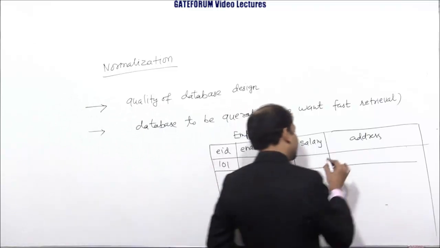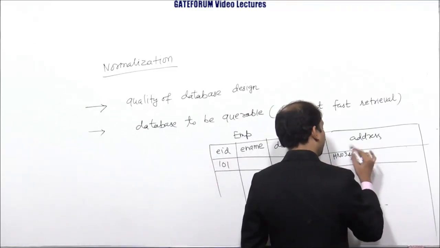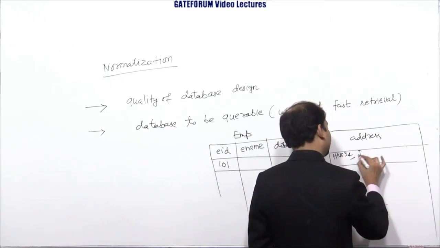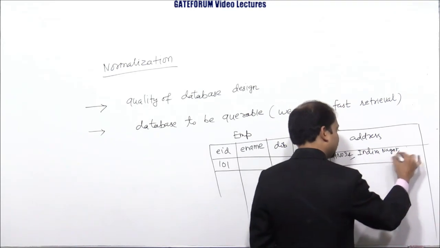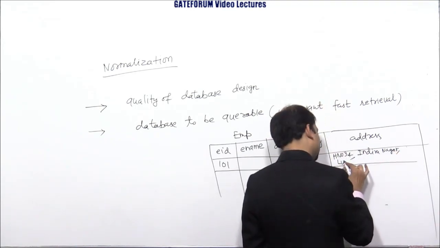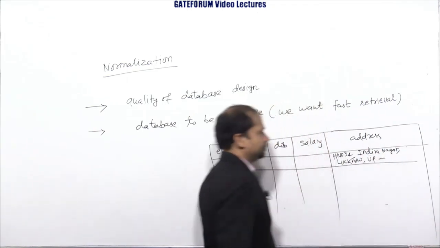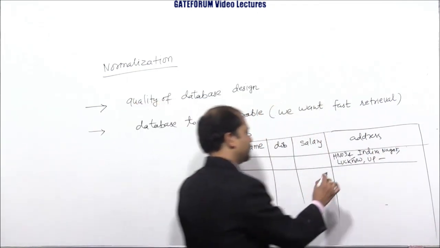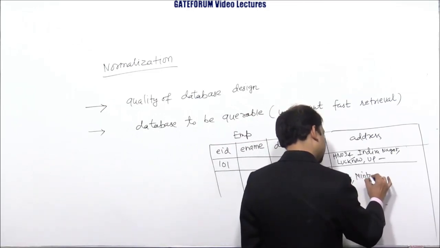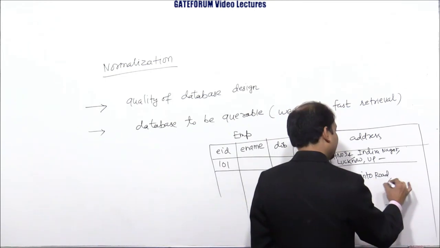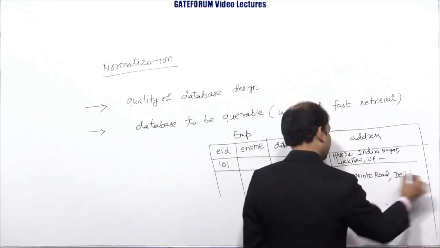Now suppose its address is house number 34, Indira Nagar, Lucknow, UP, some pin. Similarly, suppose 134, Minto Road, just I am giving random values, Delhi, some pin.